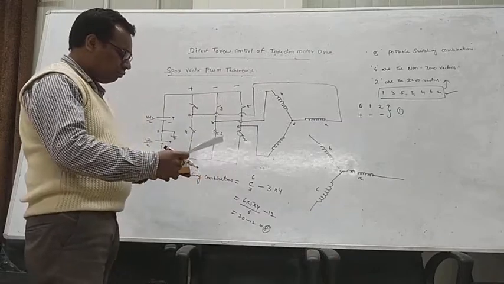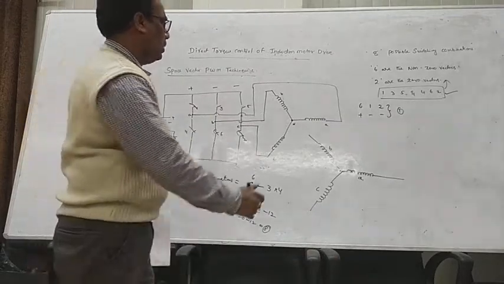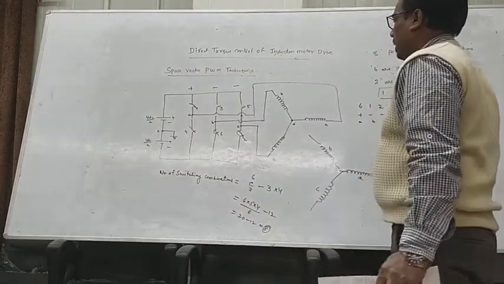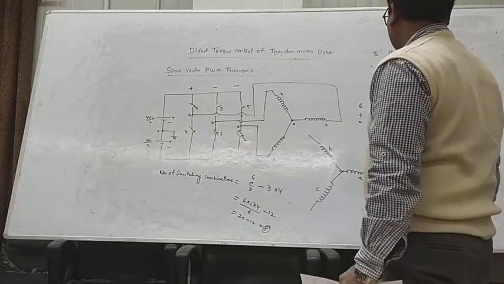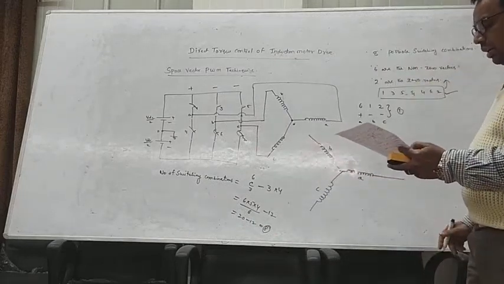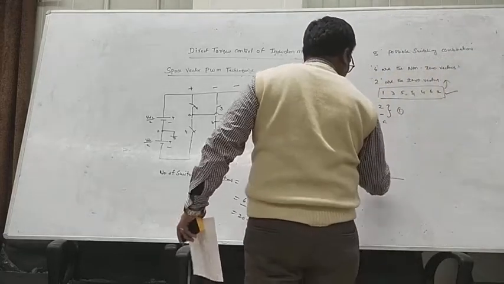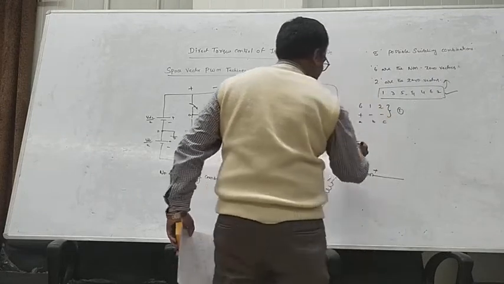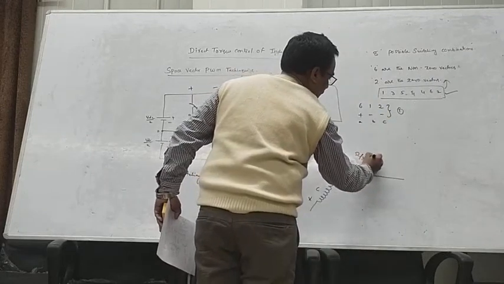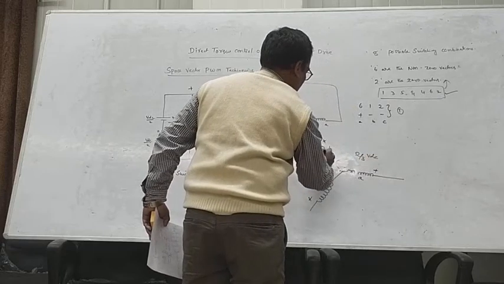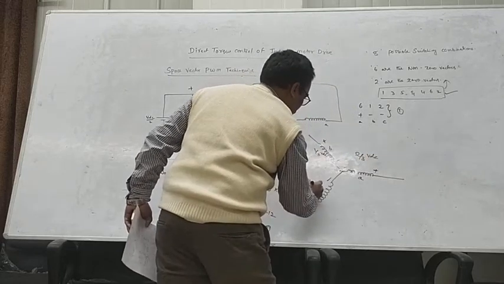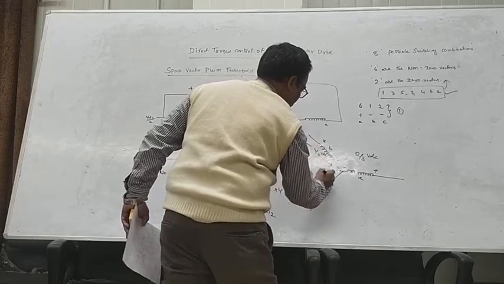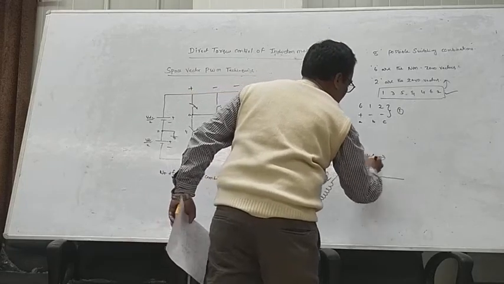So this is A plus minus, and plus minus plus minus. This voltage magnitude is 2 by 3 VDC, and this is 1 by 3 VDC, and this is also 1 by 3 VDC, and this is 2 by 3 VDC.